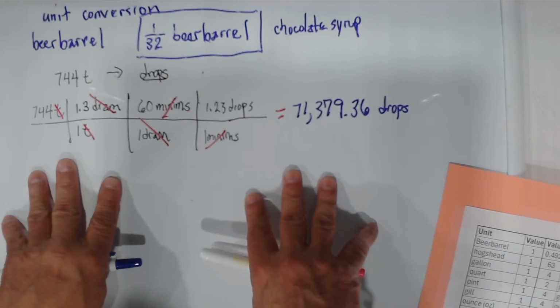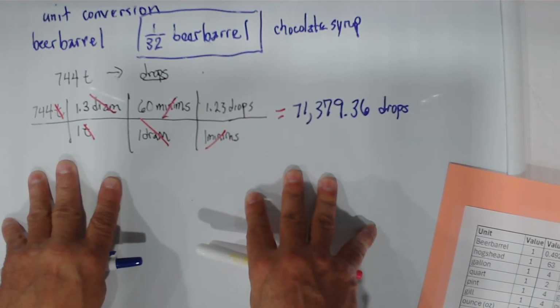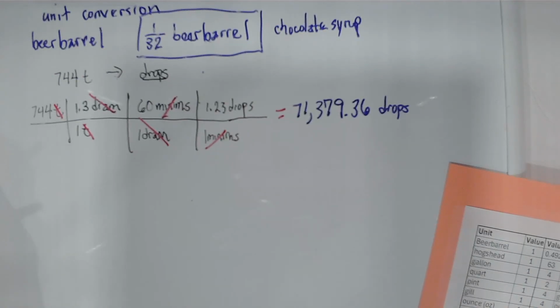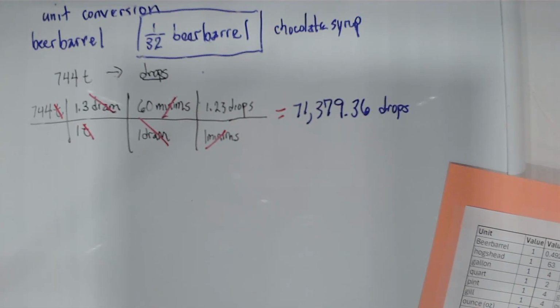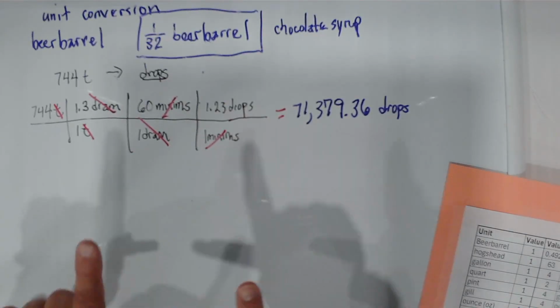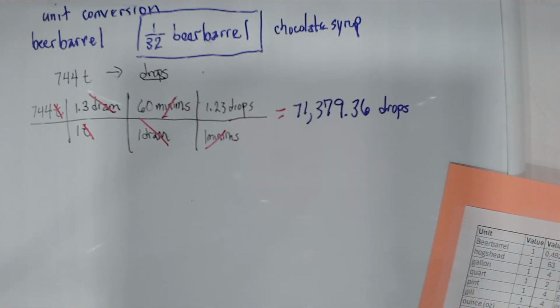So I use this as an example because that's what you end up doing in a lot of problems. You're going from one unit to another unit to another unit. And that's all there is. You simply use your conversions to get between one and another.